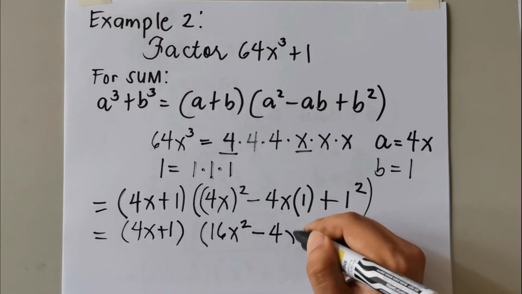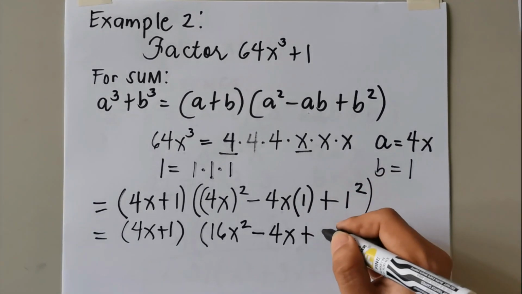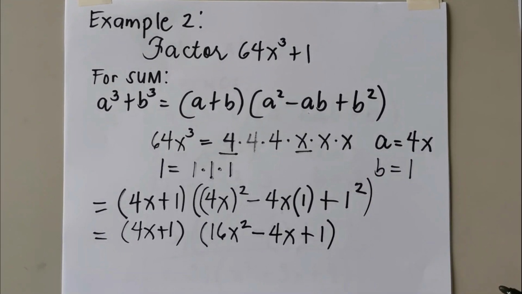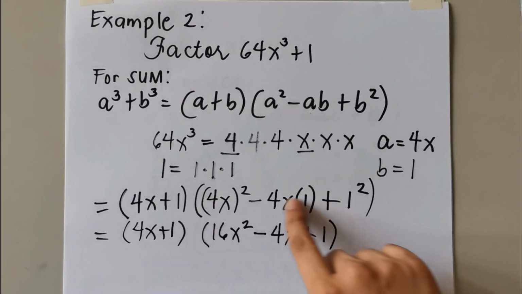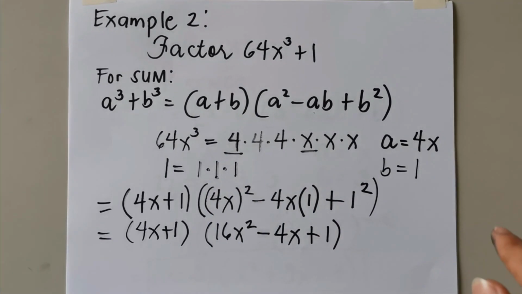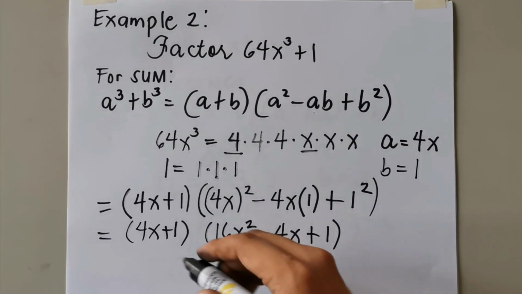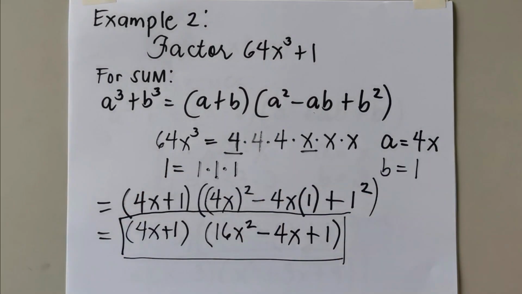So that's 4x. And then finally, 1 squared, meaning 1. Just make sure that you have simplified this part very well so that if you're done with it, you already have the final answer. So that's it for our second example.